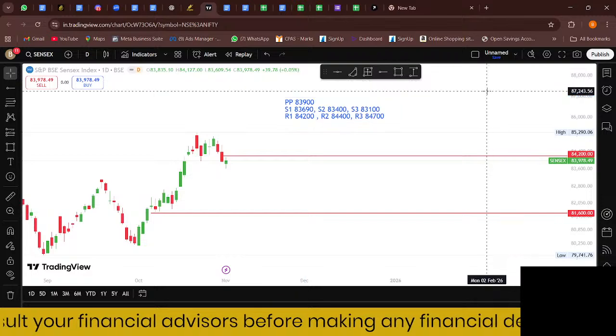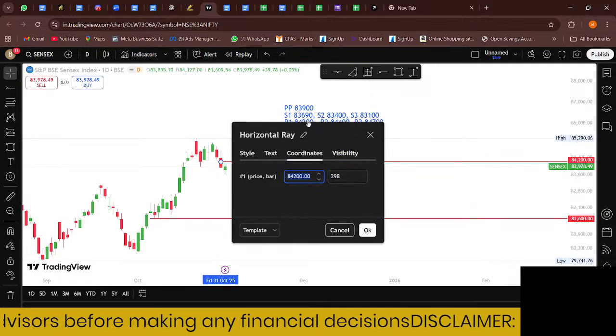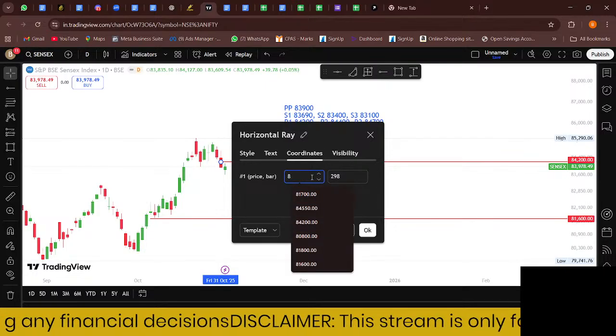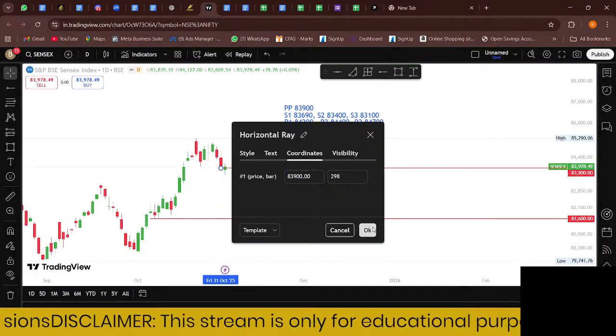So these are the three levels for Sensex as well for the day. So I'll just mark down the pivot line. 83,900 will be the pivot line for the day.